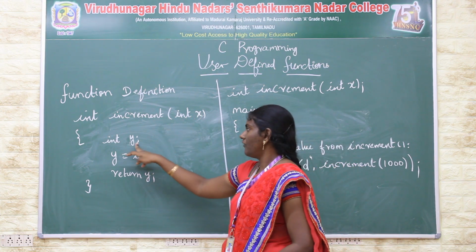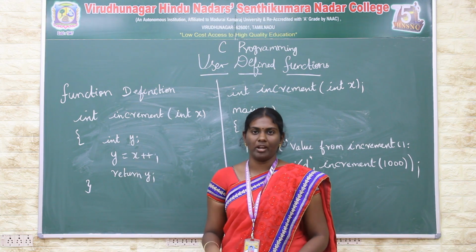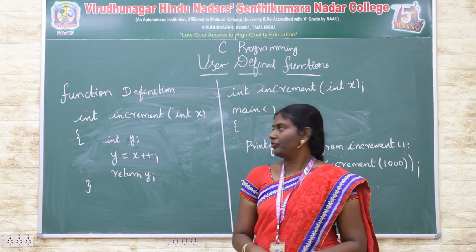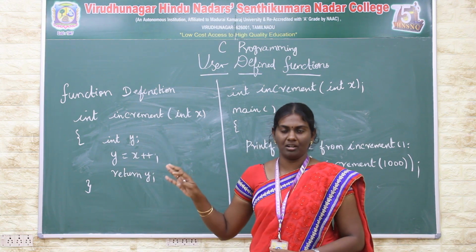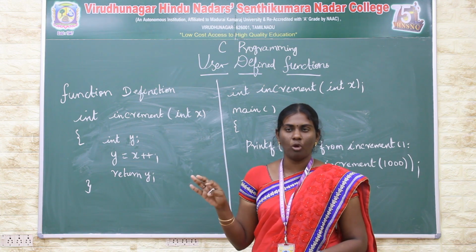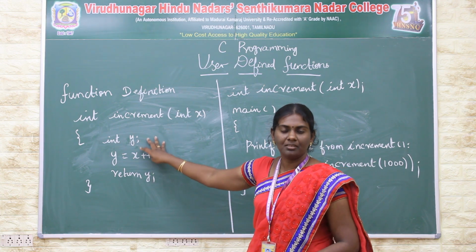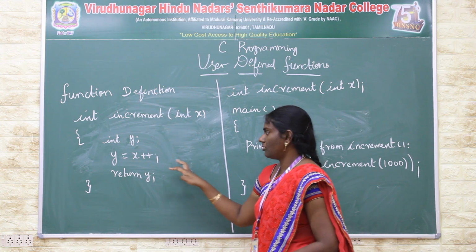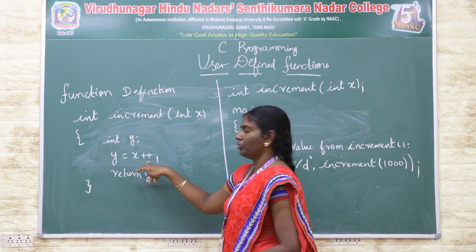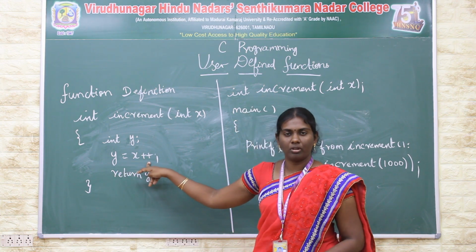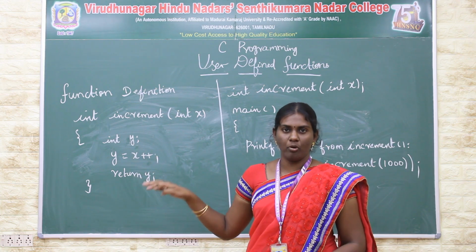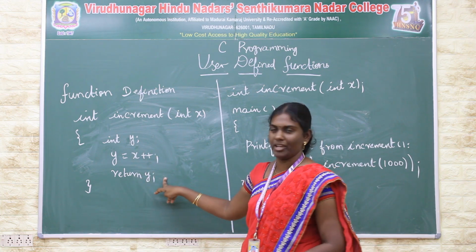Inside this function, we have a variable called int y, which is a local variable for the function increment. The local variable has its scope only inside this certain function. Next is assigning the y value as x plus plus. And the most important step is return y.